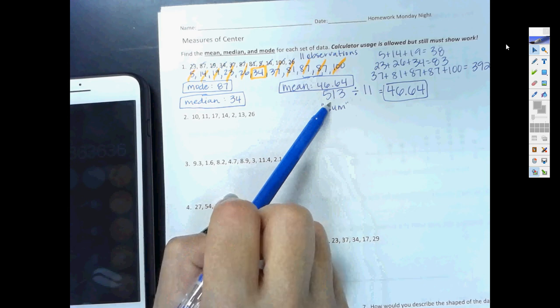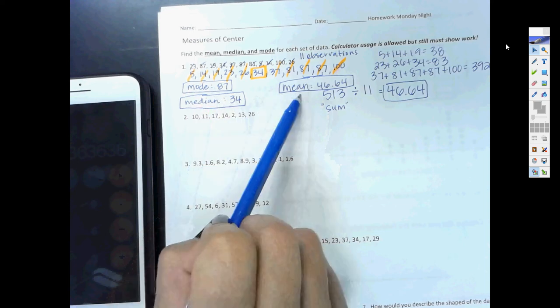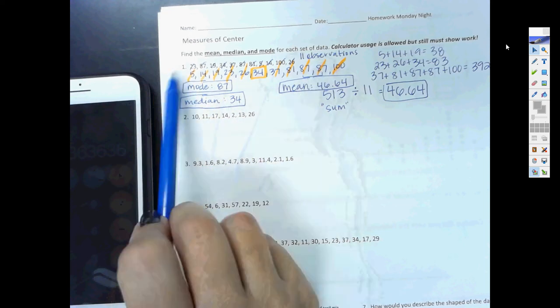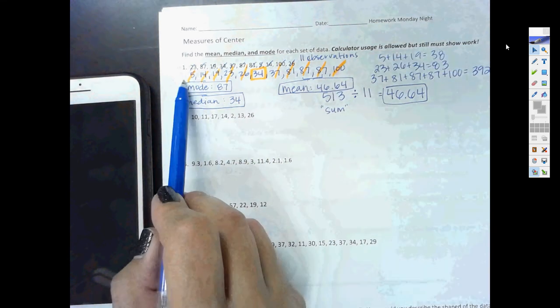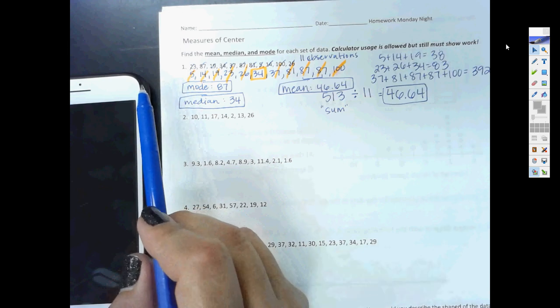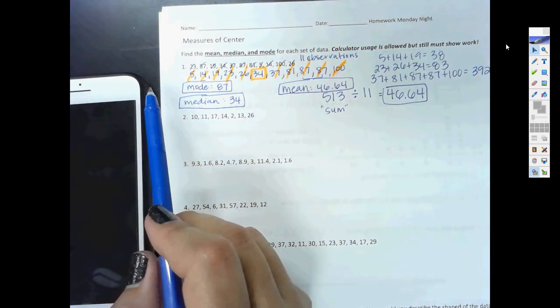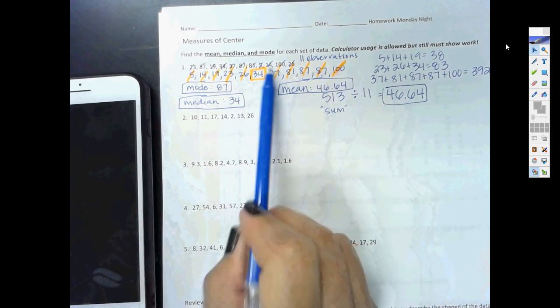So be aware when you're looking for your median and your mean. It has to come in between your data. It can't be a number that's way above 100 or way less than 5. That would send us a signal that something's not right and not reasonable, and we need to look at something we've done. So when you get your mean, it needs to be somewhere in between.